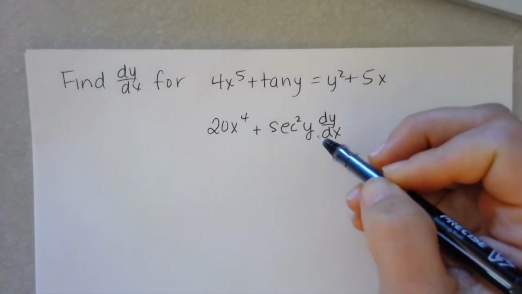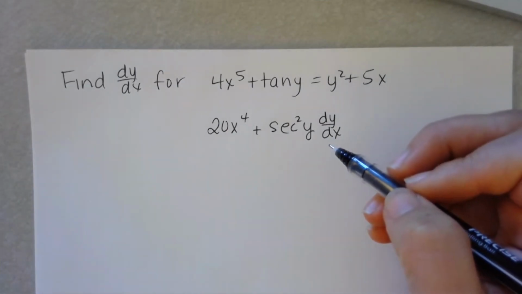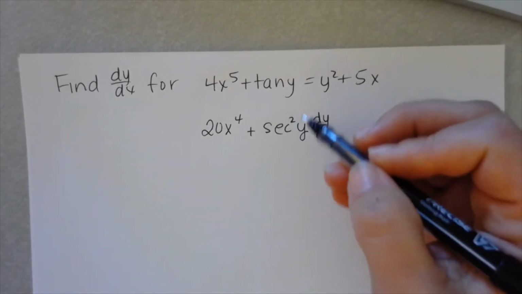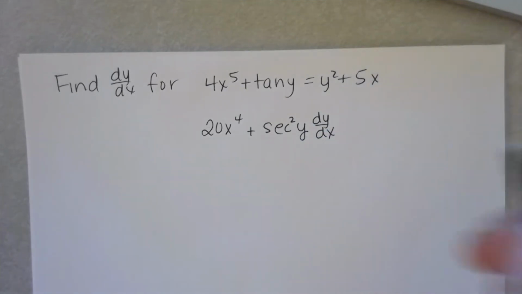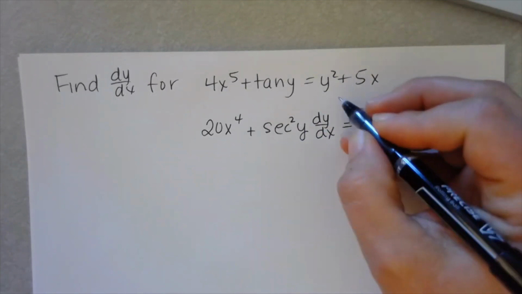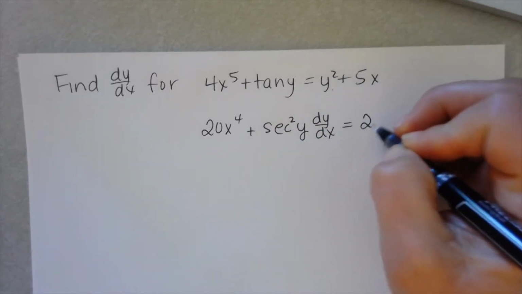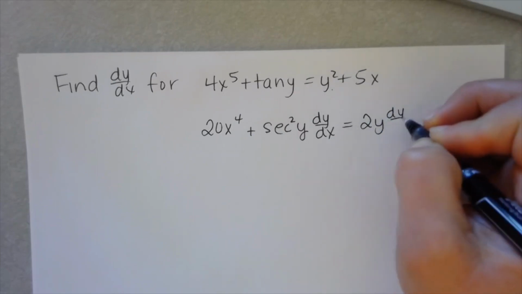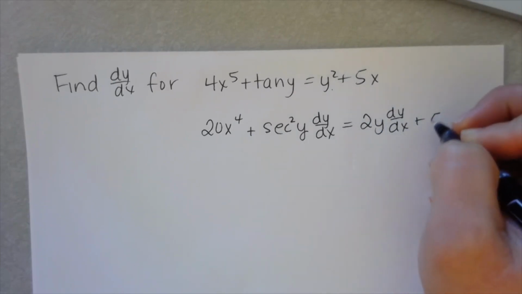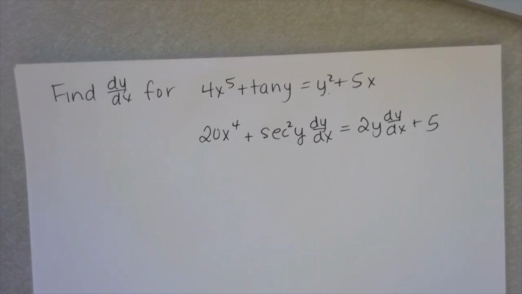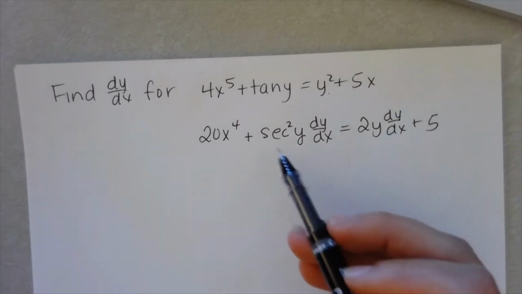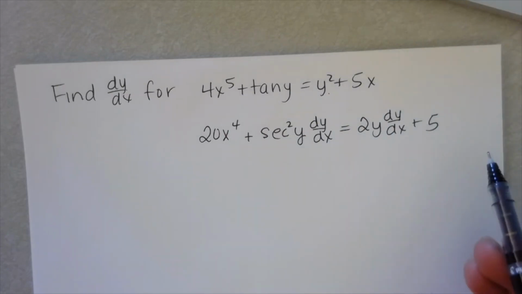And then the derivative of the inside would just be, this is just plain 1, right? So the derivative of the inside, and then this would end up being 2y dy dx plus 5. All right, so now if I wanted to solve for dy dx, I'm going to move the dy dx's over here, so I'll move this part over here.